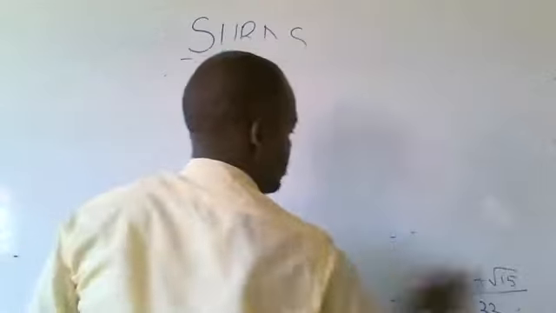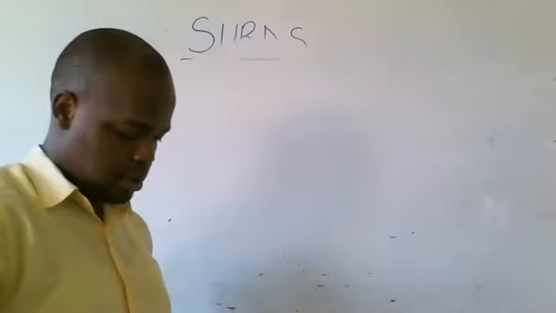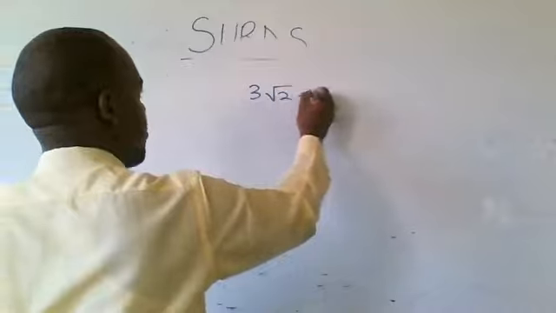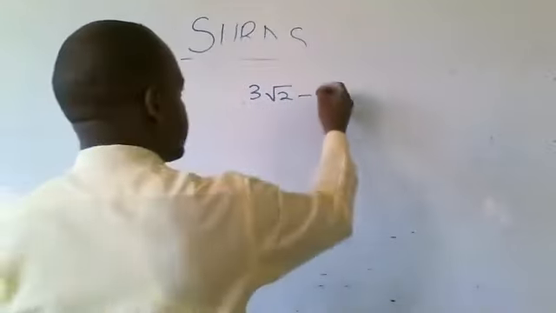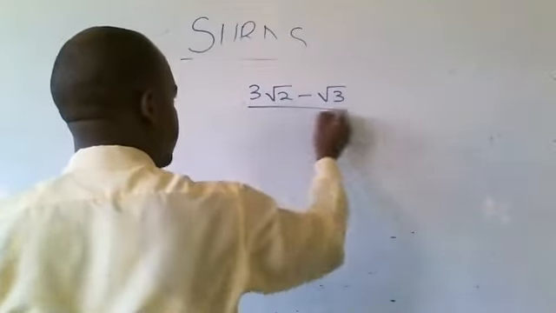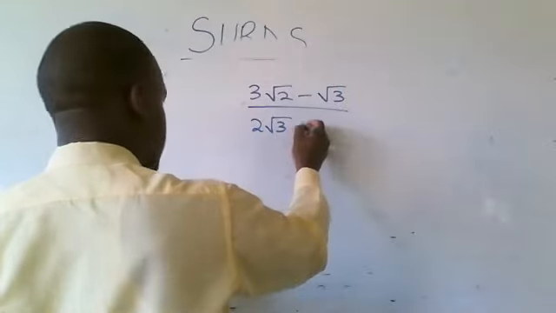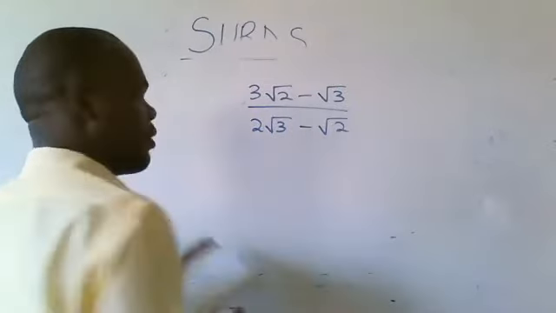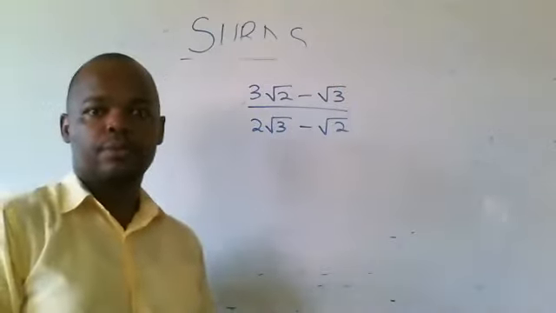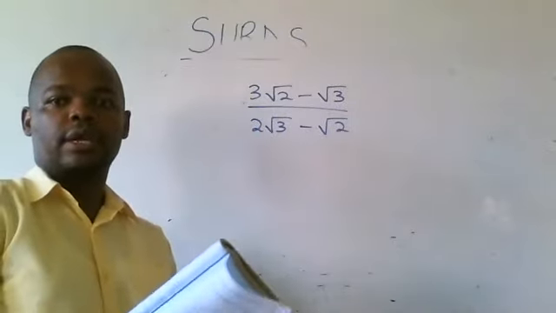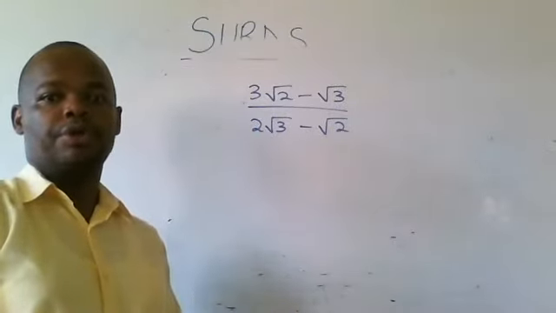We move to part B. 3 square root of 2 minus square root of 3 over 2 square root of 3 minus square root of 2. So in that case, what do we have?